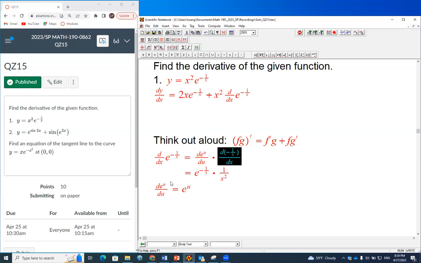The derivative of negative 1 over x is equal to the derivative of negative x raised to the power of negative 1. Here we can apply the derivative of x raised to the power n with respect to x equals n times x raised to the power of n minus 1.